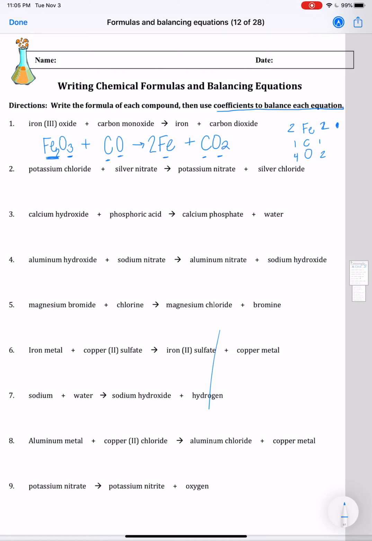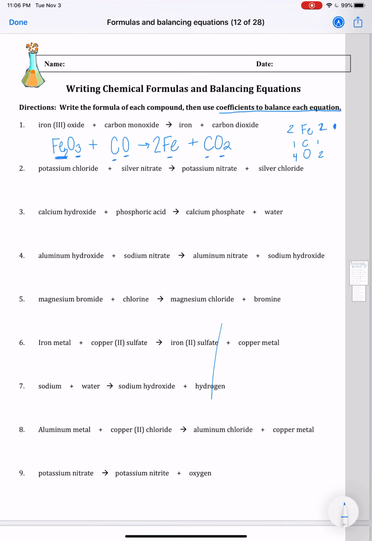Now, my carbon is good, but my oxygen is not good. So I need more oxygen on the right side of the equation. The way that I can do that is I could put a 2 here, okay? When you don't see anything, there's technically a 1 there. So adding 1 is not going to do anything, but we can add 2.